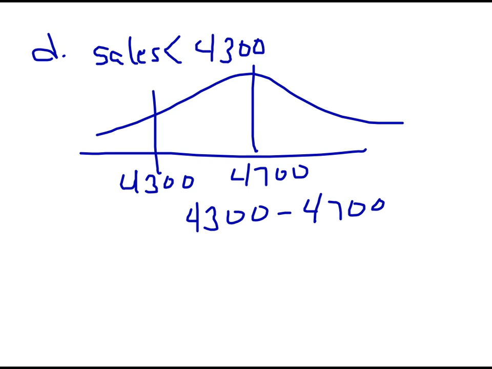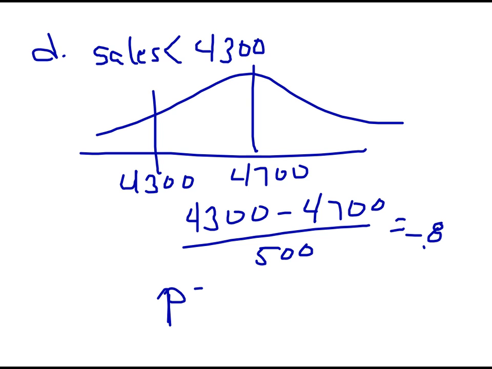Minus 4,700 divided by 500 equals negative 0.8. That gives us a probability of 0.21186.